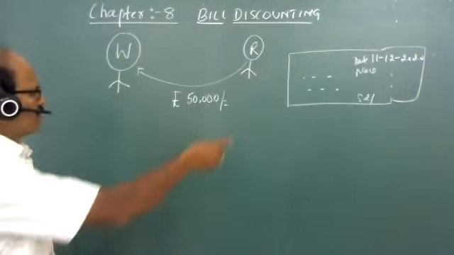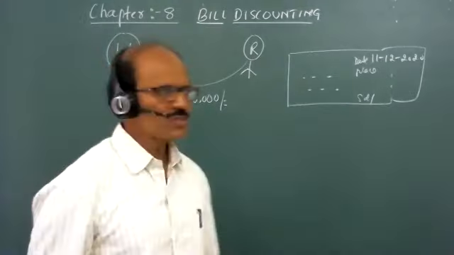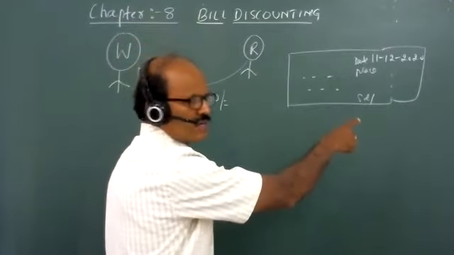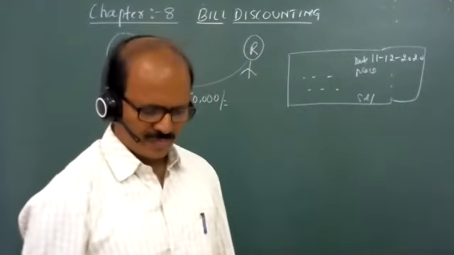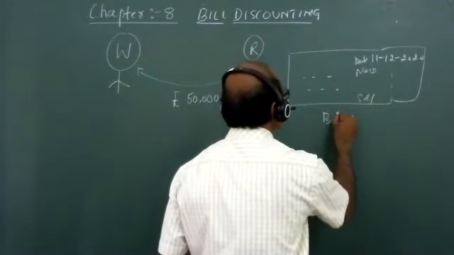This is the date the retailer went to the wholesaler to purchase the goods, and the date the bill of exchange was drawn. This is called a bill of exchange.